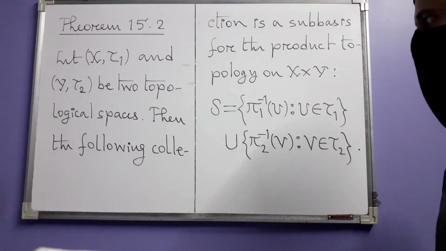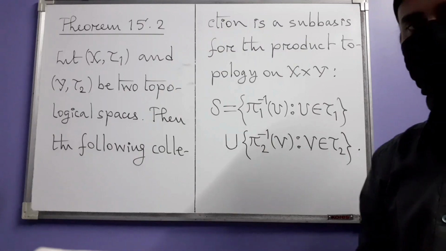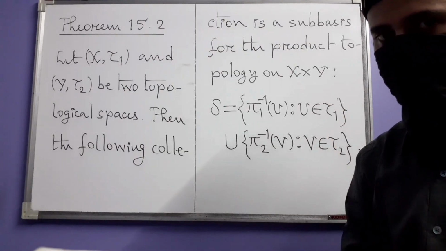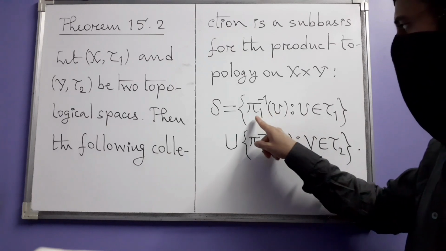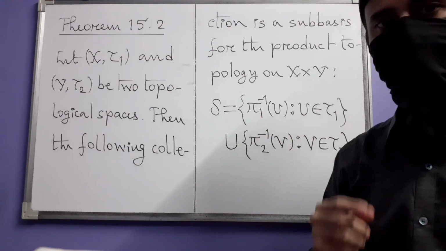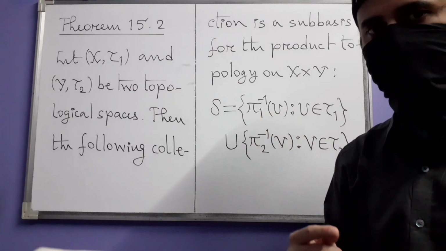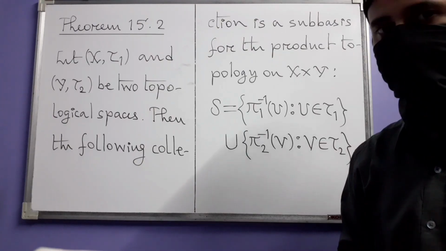What is this collection? It's a union of two collections of sets, where in the first one we are looking at the inverse images of open sets in X under pi1.